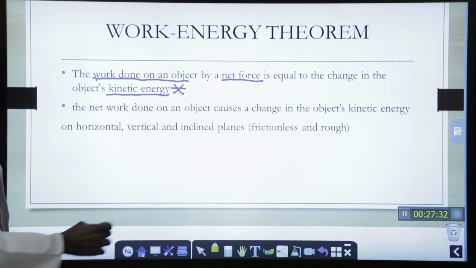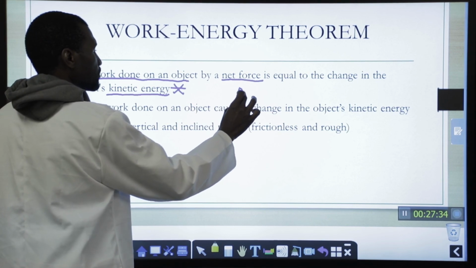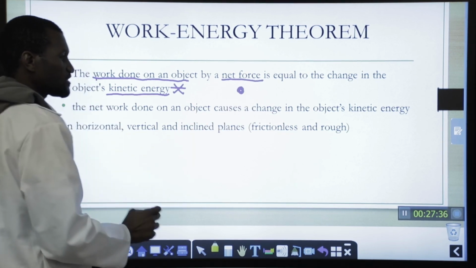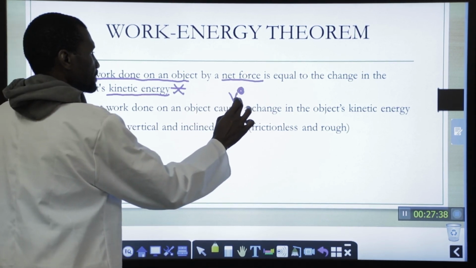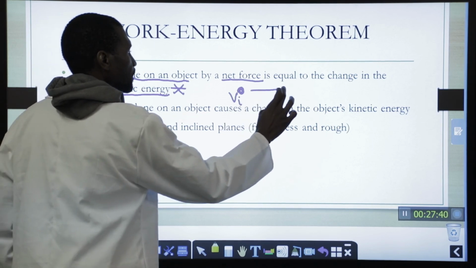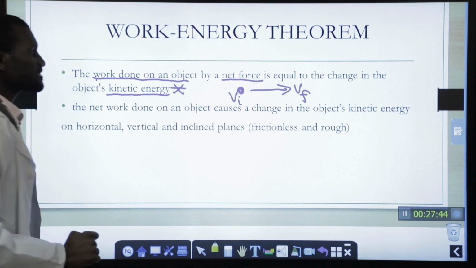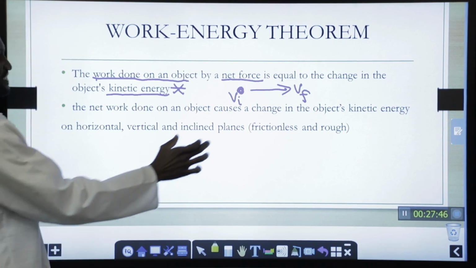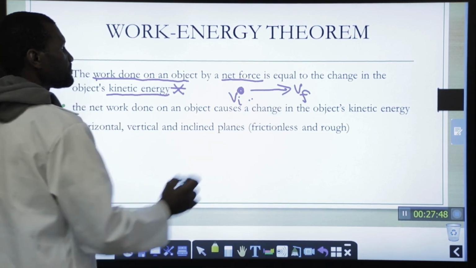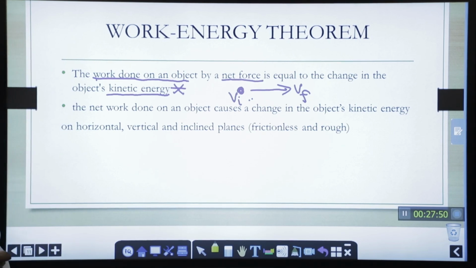Think of it this way: if an object is going to change its initial velocity to a particular velocity, it means that there has been a net force that has occurred. So from that end, work has been done.